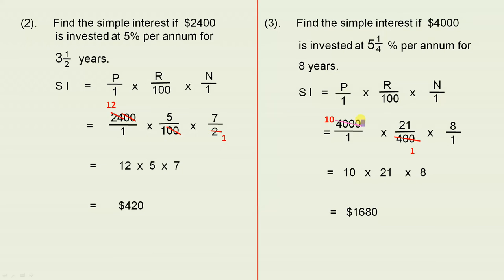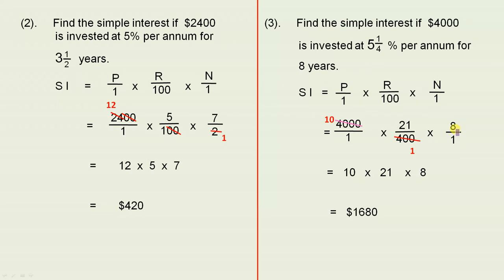So there's your 4,000. Now your interest rate is 5.25%, and we saw earlier how to change a percentage like this into a fraction, which is really 5.25 over 100, and if you multiply top and bottom by 4, that gives you 21 over 400.